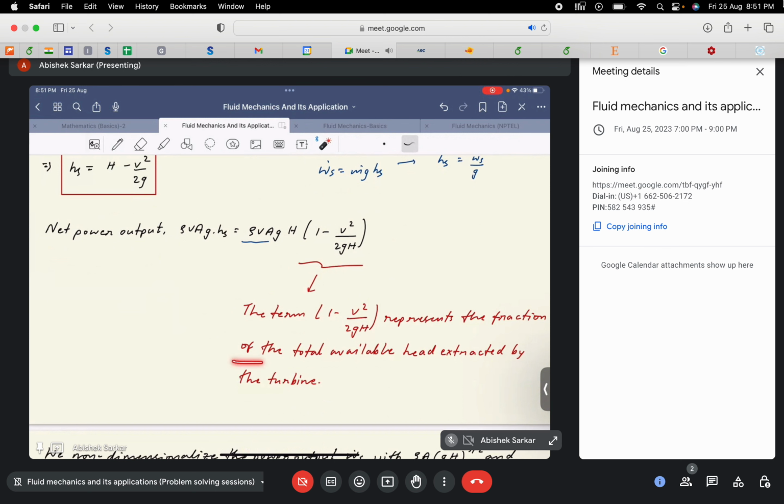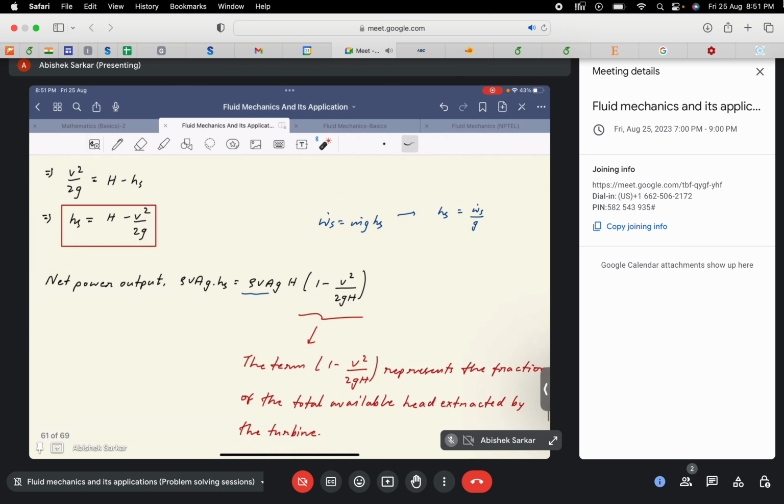Yes. Okay, so here you see that the term 1 minus v square by 2gh represents the fraction of total available head extracted by the turbine, okay. So this is the total head that is being extracted by the turbine from the net available head that was available for use, okay.